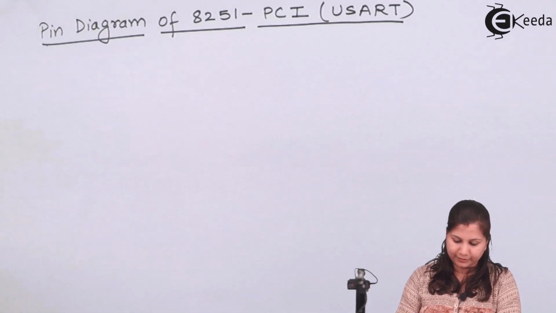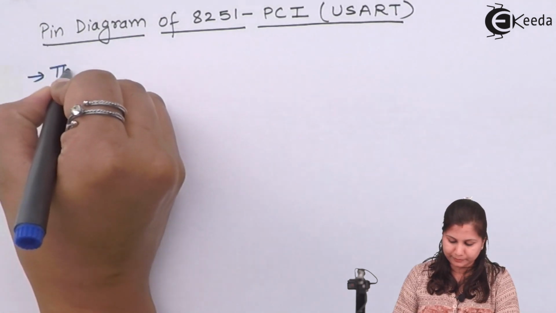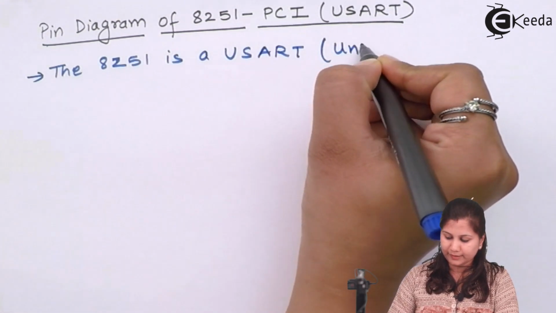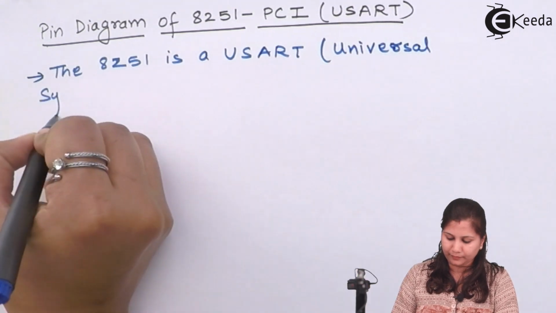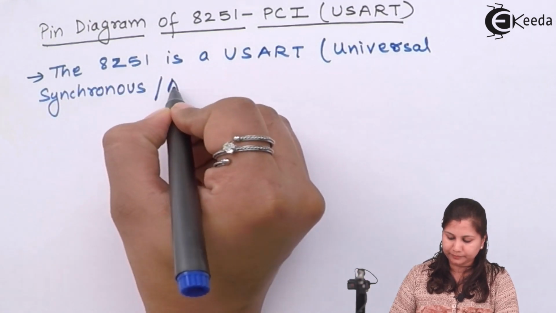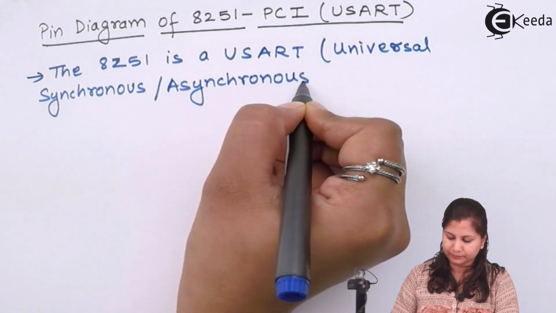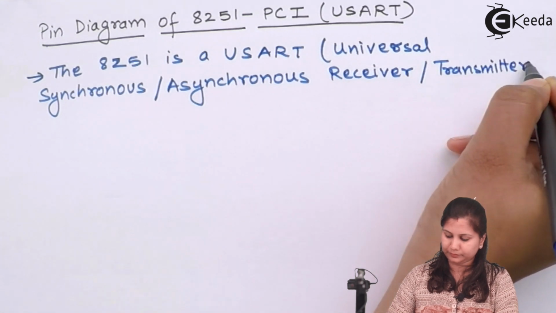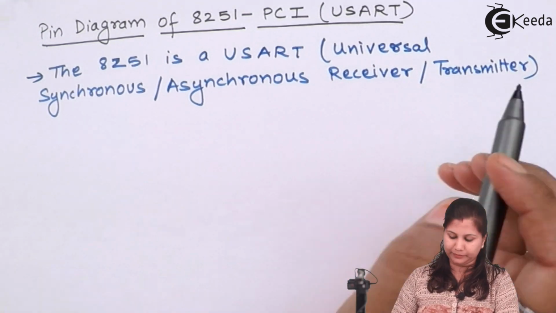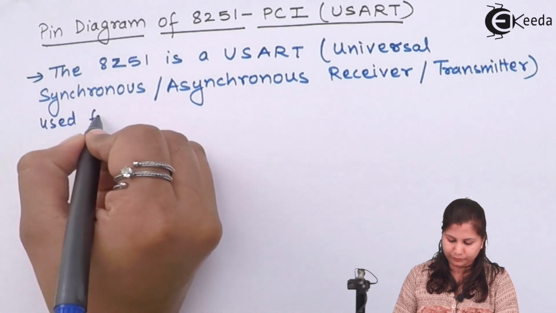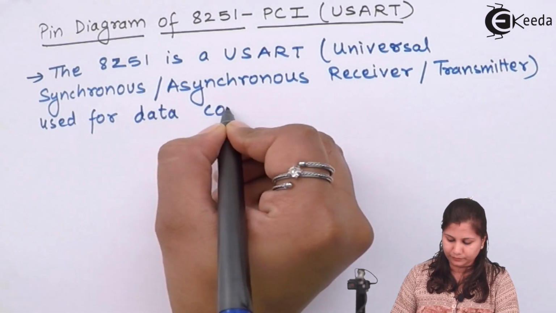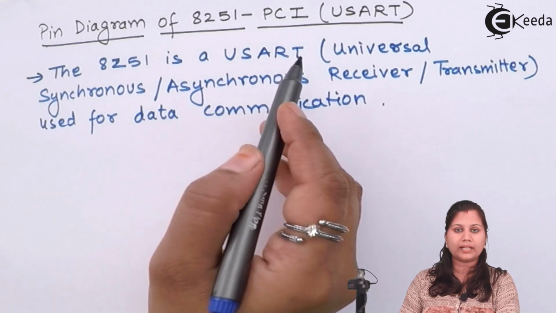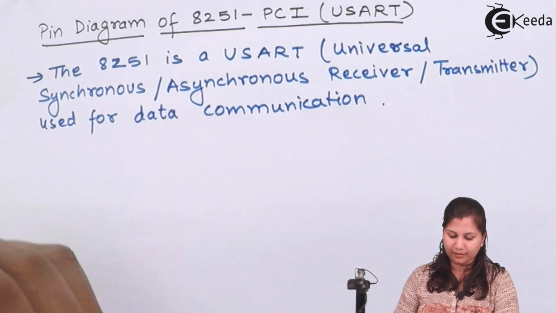So we can say that the 8251 is also a USART which is used for data communication.